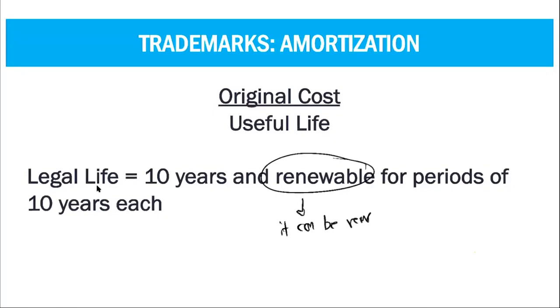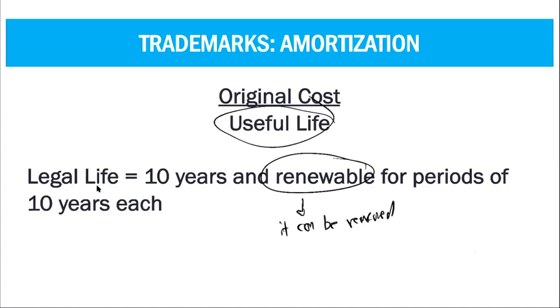Since it can be renewed, normally what we do is we only use the useful life. Why? Because again, guys, since it can be renewed, you do not know how many times you will renew. You do not know if it will be renewed perpetually. Hence, you cannot estimate the actual legal life.